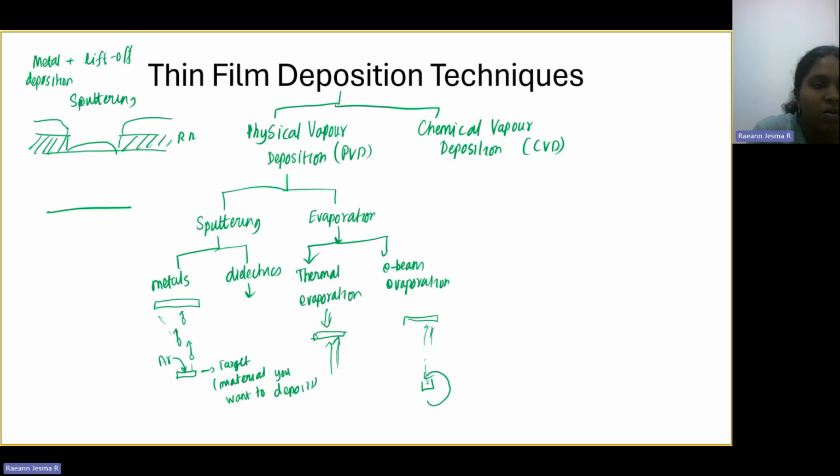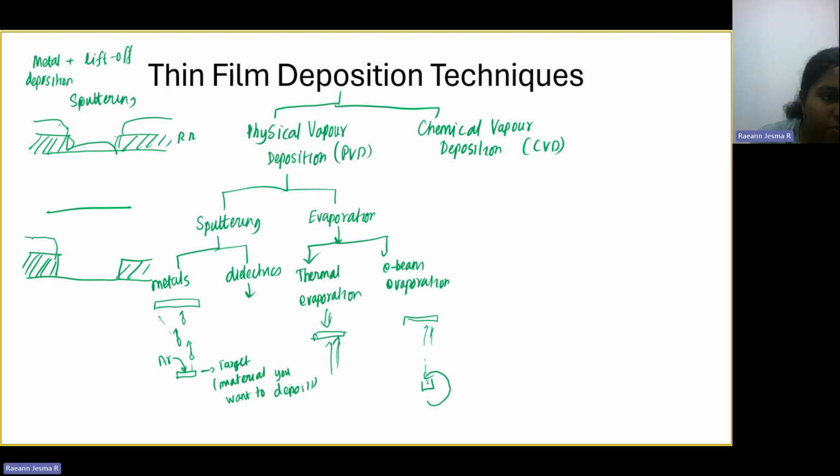However, if you go for evaporation, since it is line of sight, your metal will get deposited in this region and in this region. It will not get deposited on the side walls. This is the difference in how metal deposition happens between sputtering and evaporation.